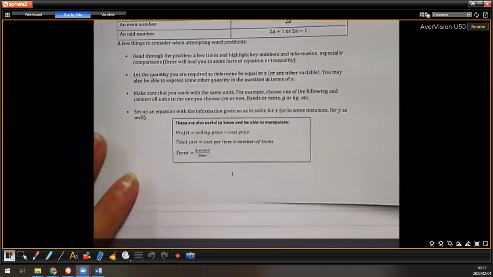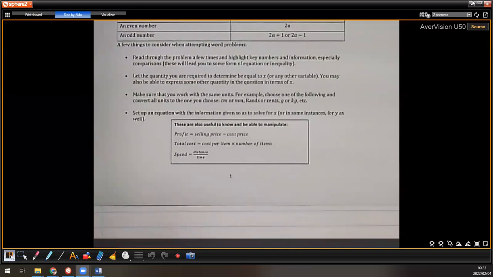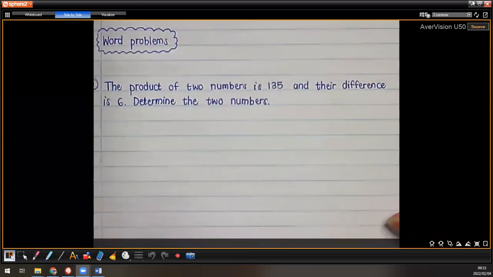If they're telling you, for example, the length is twice the breadth, then you can say that the breadth is x and the length is 2x. If there's some kind of relationship between two different things in the question, you can use the same variable to express them. We'll see that in the next example.